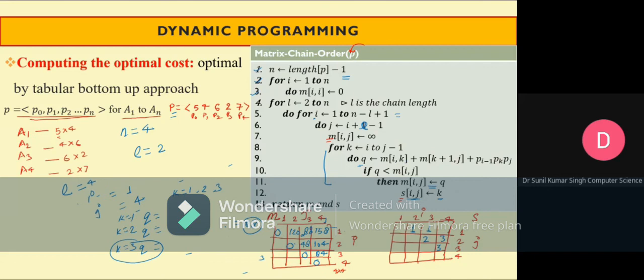Let me write it here, otherwise maybe you people are not feeling comfortable. Then you can look at it like this.